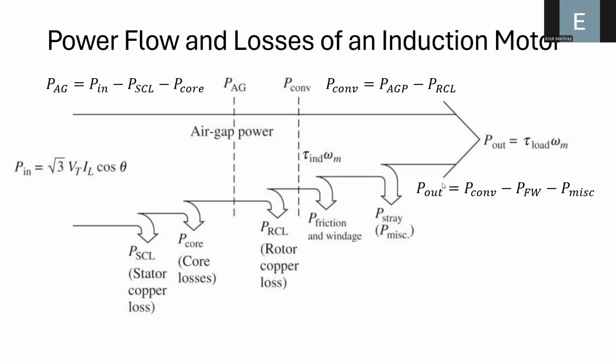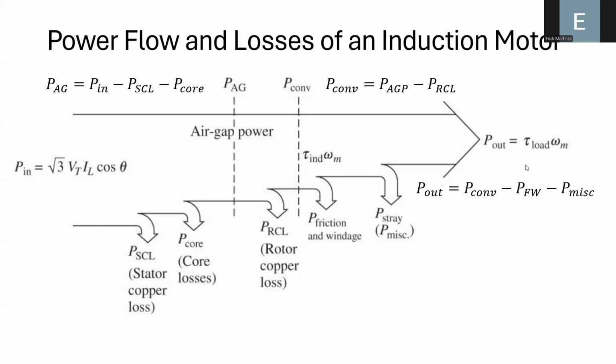And based on this output power, we can compute the load torque, or the output torque provided by the induction motor. Okay? So we know that the output power is equal to the load torque or the output torque times the speed of the rotor.